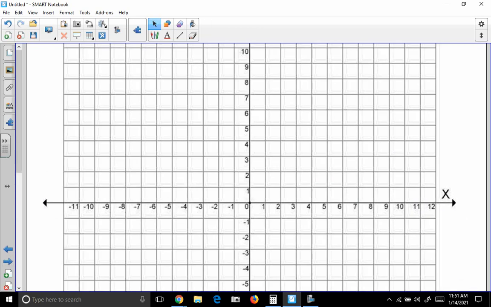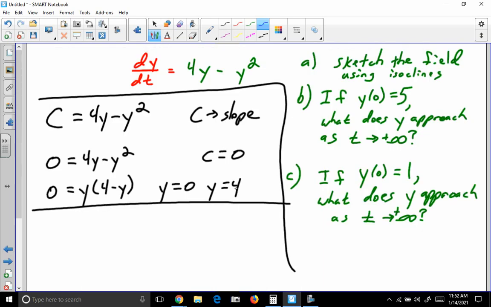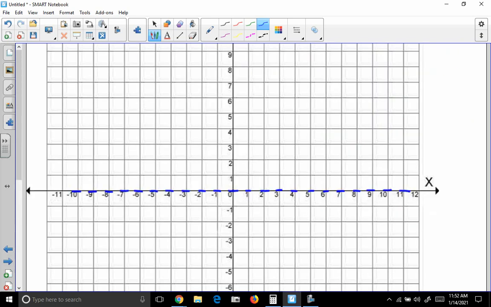So if we come into our graph, when y is 0, we have a slope of 0. So when y is 0, we have no slope. So I'm going to put a dash that has no slope. Also, when y is 4, we have no slope. So up here, we have no slope.